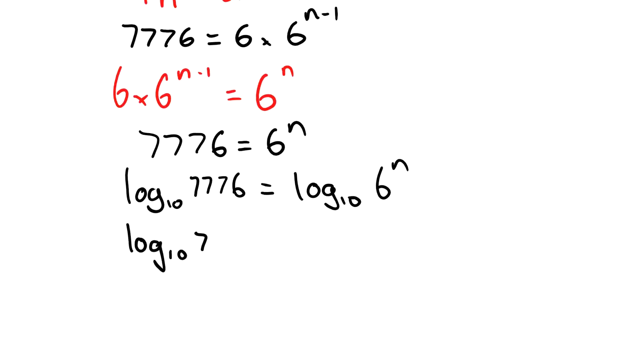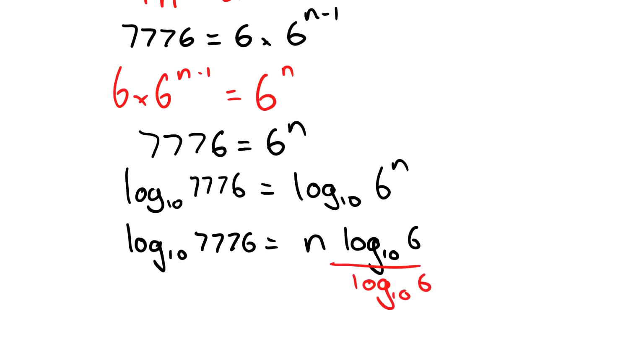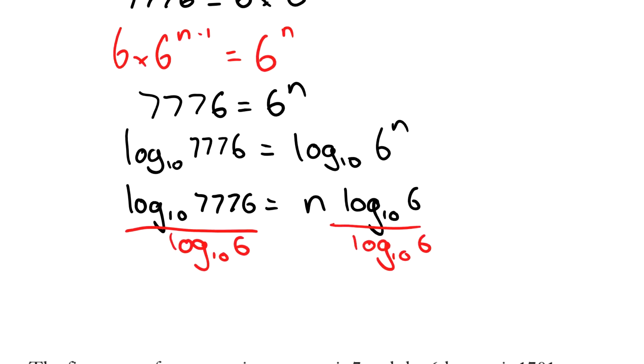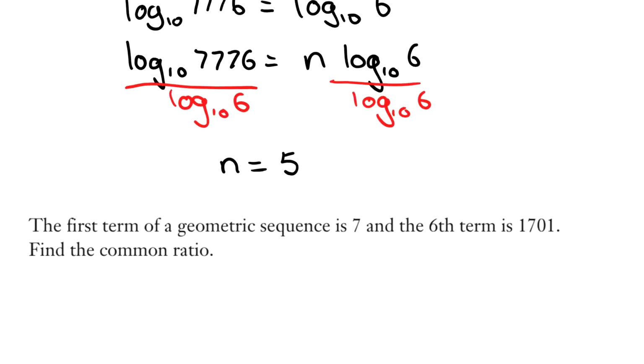So log 7,776 equals n log 6, which we can then divide both sides to make n the subject and put it into a calculator to get 5. So n, this will be our fifth term.